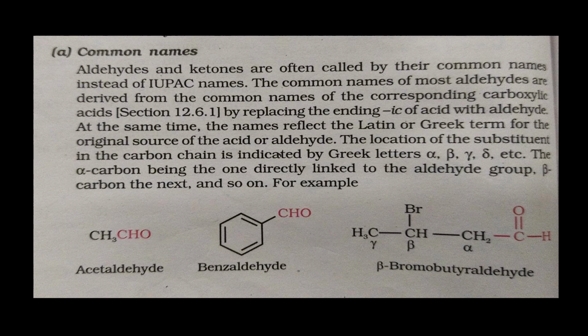For example, acetaldehyde, benzaldehyde, and beta-bromobutyraldehyde. In beta-bromobutyraldehyde, we can see how the carbon atoms are named. The alpha carbon is linked to the aldehyde group, that is CHO, and the next one would be beta and gamma.